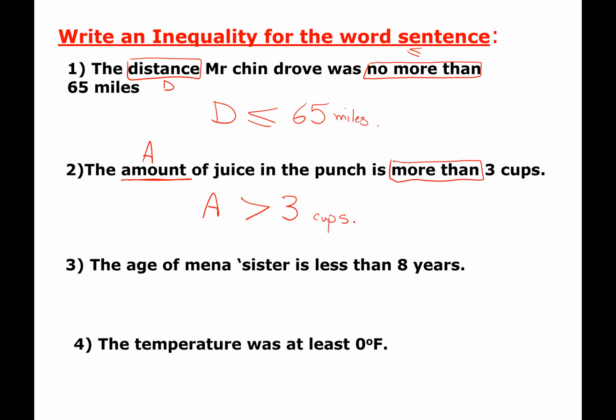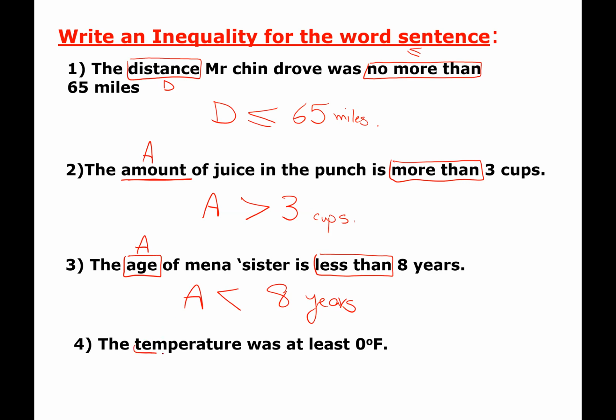The next question. The age of Mina's sister is less than 8 years. So we're talking about years here. We're talking about the age. Therefore, age is our variable since it varies. So A, and less than is our keyword. So A is less than 8 years. Okay. The next example, the temperature was at least 0 Fahrenheit.